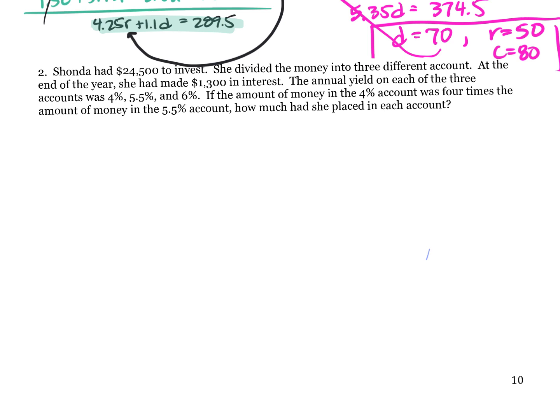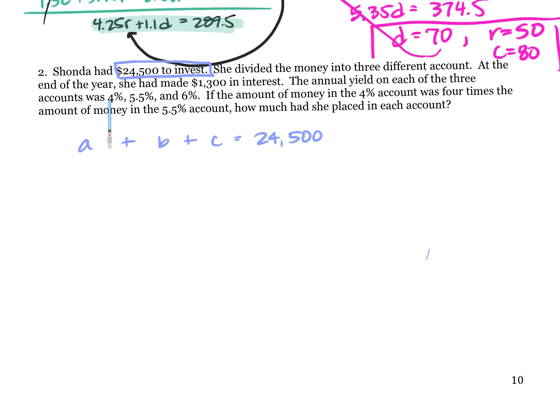So we're going to say in each of my accounts, we're going to have a total of $24,500 invested. So we've used that piece of info. Then, you guys, we have to make $1,300 in interest by putting money into these 3 different accounts.